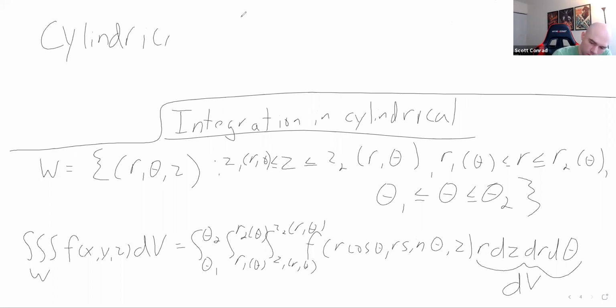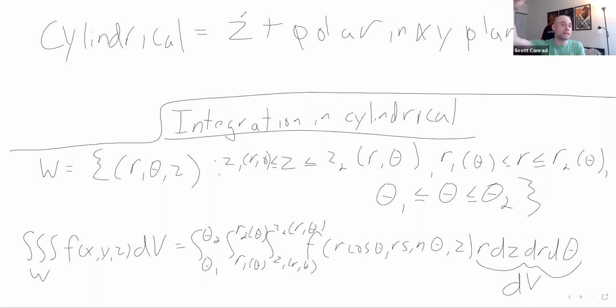Okay, well, we'll talk more about what I mean by this, but here's how you want to think about the bounds for cylindrical. You're going to integrate with respect to z.